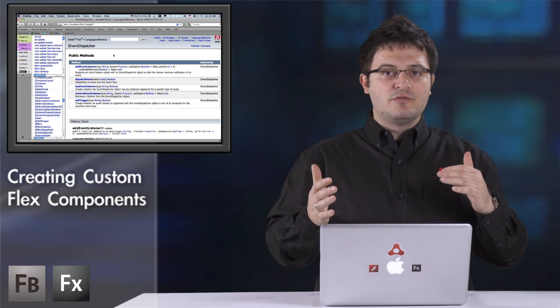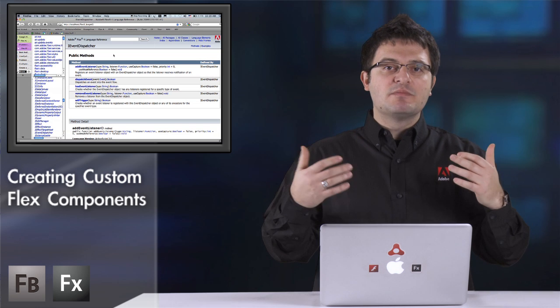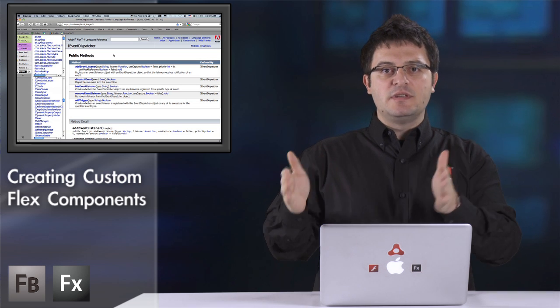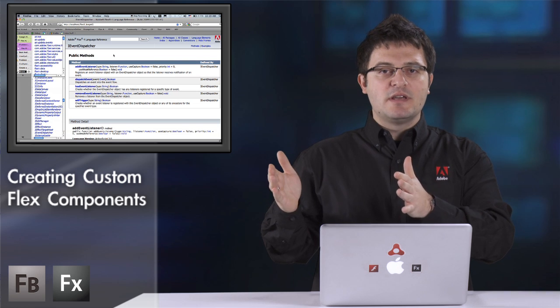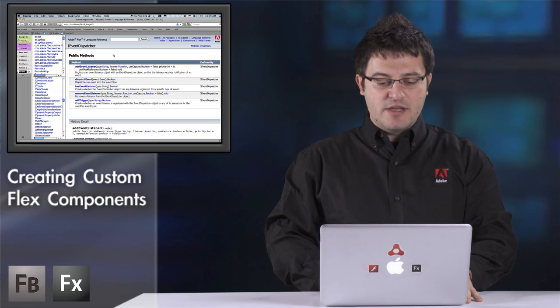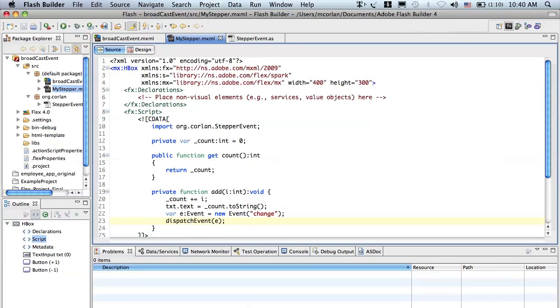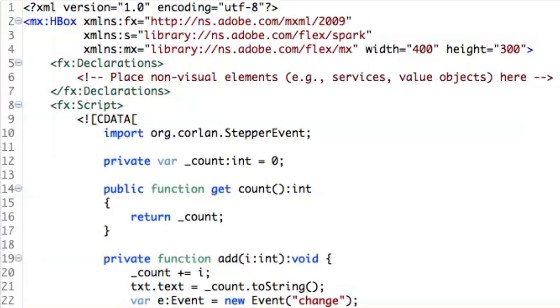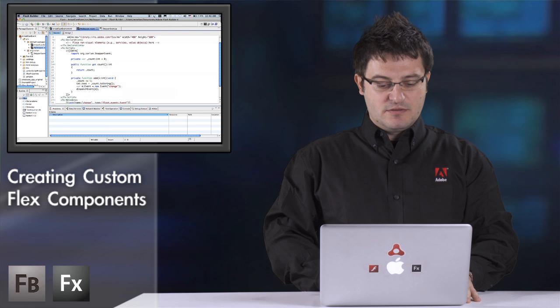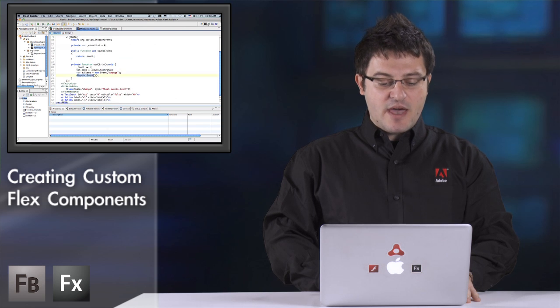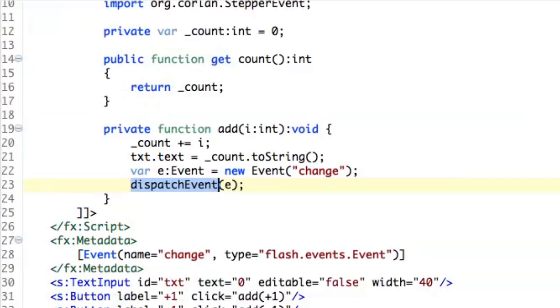So as long as you create your custom component by extending one of these default components, you don't have to do anything special. And this is exactly the case for me. I chose to extend the HBox, which is a pre-built component from the Flex framework. So this gives me access to dispatchEvent, to addEventListener, and so on.